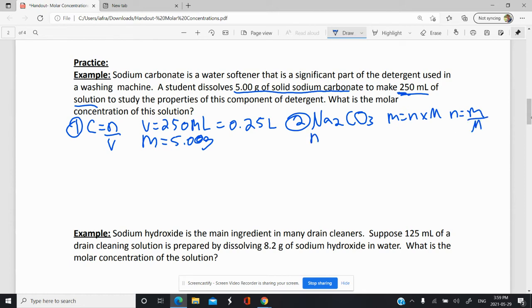So we can write that the moles is going to be equal to 5.00 grams over the molar mass of sodium carbonate. So the molar mass of sodium carbonate, let's see, that's 12.01 for the carbon, plus 48 because there's 3 oxygens there, plus 2 times 22.99 for the sodium.